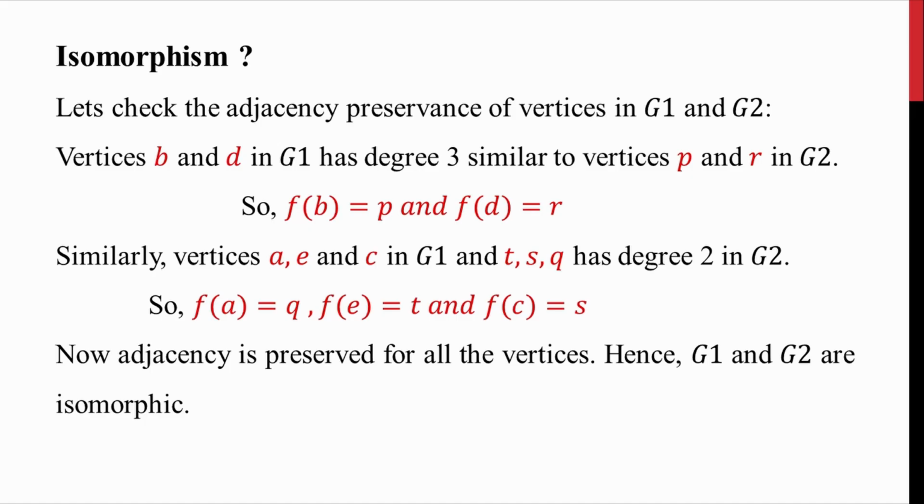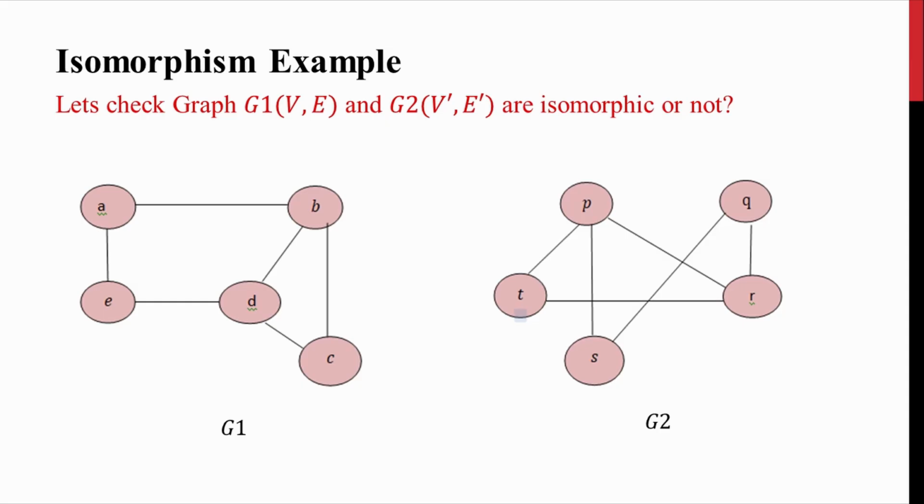The vertices B and D in G1 have degree 3, similarly the vertices P and R in G2.